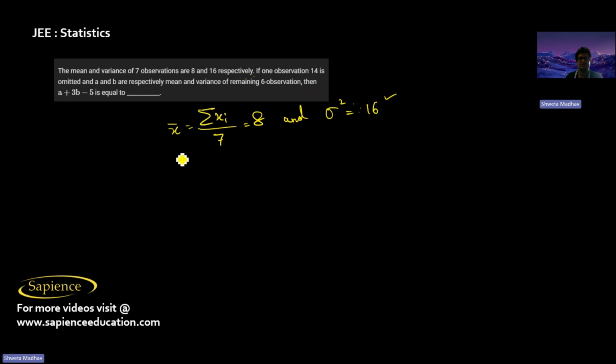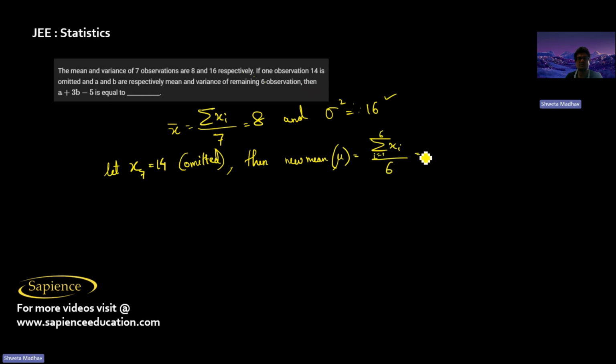So one observation 14 is removed. So let's say the 7th observation x7 is 14. That is being omitted. But then the new mean value will be equal to summation xi, i from 1 to 6, divided by 6, that is equal to A, it is told.